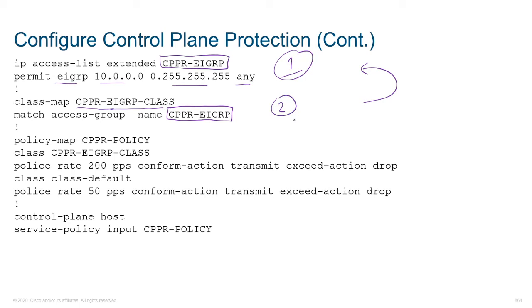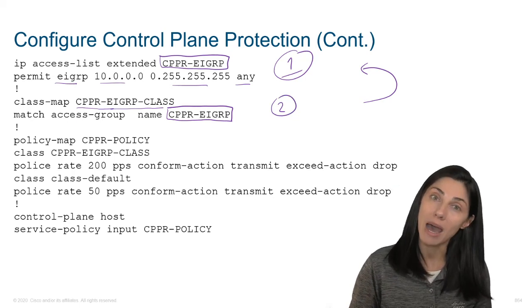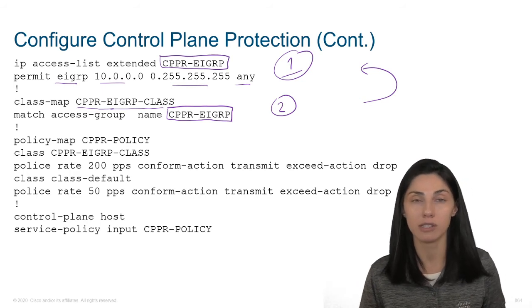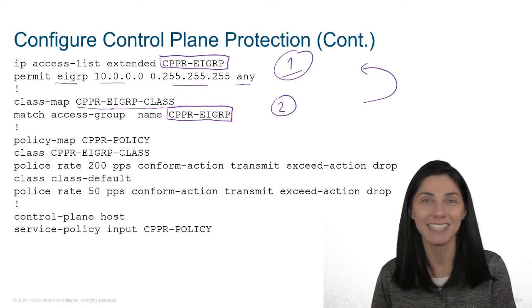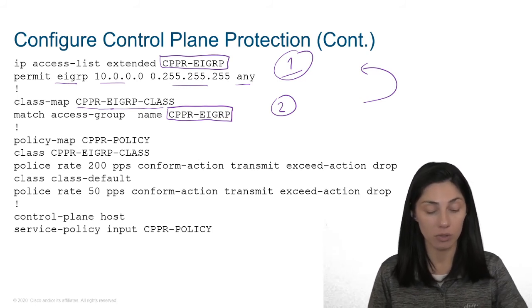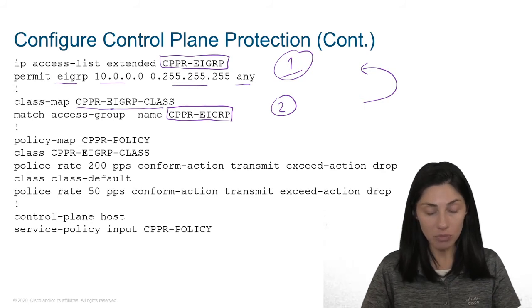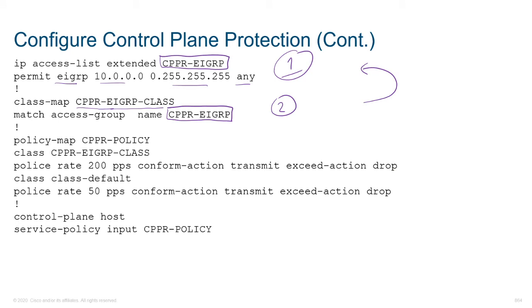Step 3, we're creating the policy map. If any of you are familiar with route maps, policy maps are a similar concept. We have if and then statements, but instead of if and then, it's going to be a match and a set. So anything that we want to match on, we have the ability to either permit or deny, or in this case, we are going to be dropping traffic. So we create a policy map called CPR policy.